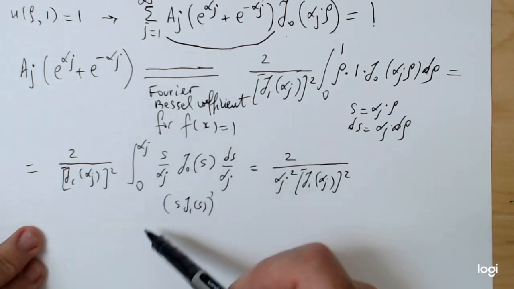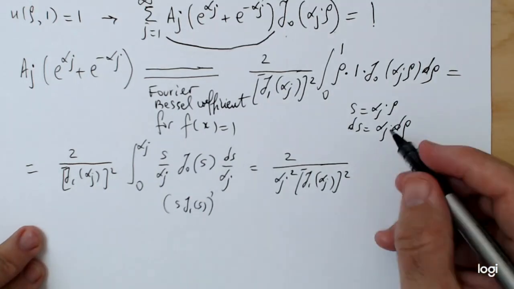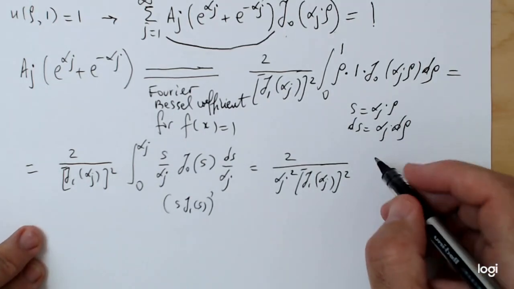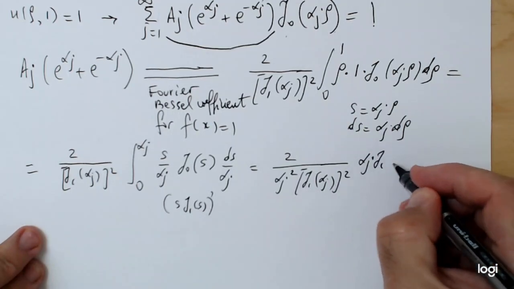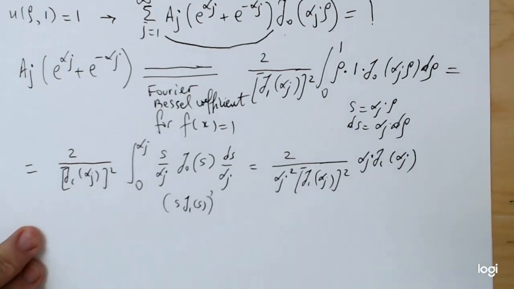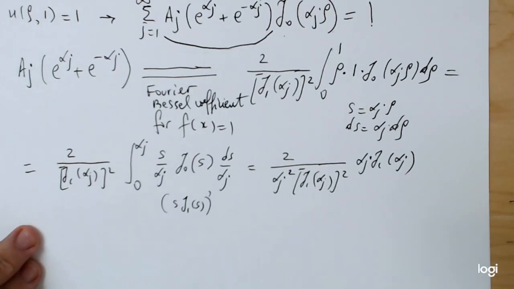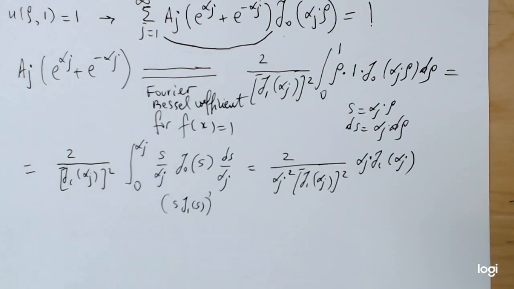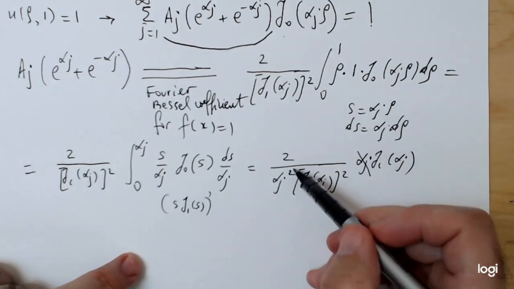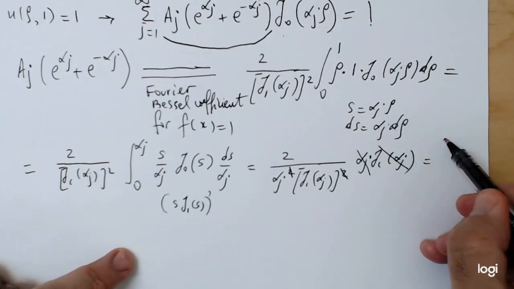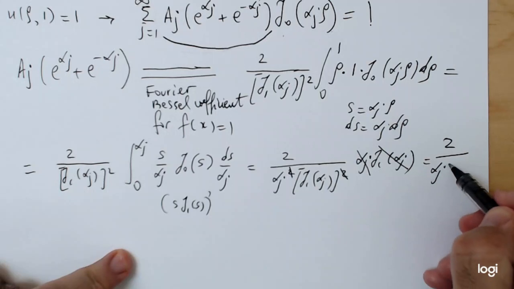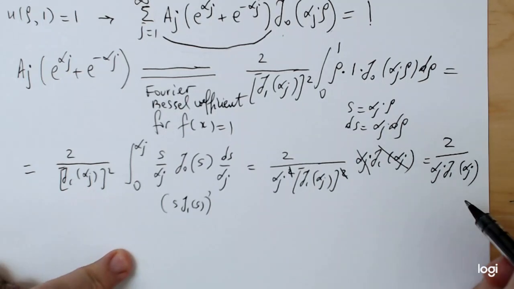And when I plug in alpha_j and 0, really the same integral like before, it's going to be alpha_j times J1 of alpha_j. And let's see, we have some simplification. Alpha_j cancels with this, J1 with this. So you're left with 2 over alpha_j J1 of alpha_j.